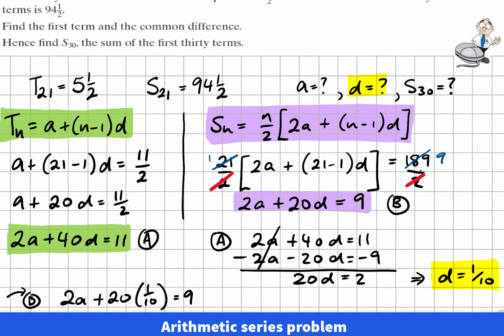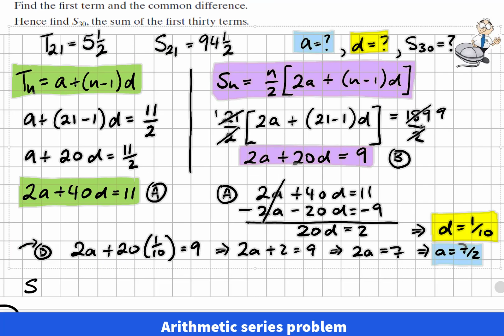Now 20 divided by 10 is equal to 2. So in other words, I have 2a plus 2 is equal to 9. Take 2 from both sides. It's going to be a fraction here, but look, it is what it is. So this gives me 2a is equal to 7. Divide both sides by 2, and I get a is equal to 7 over 2.